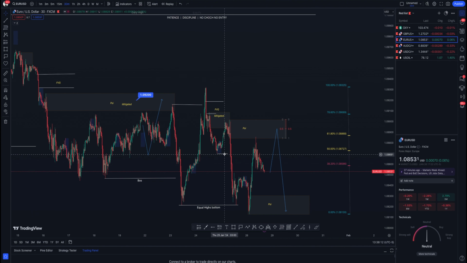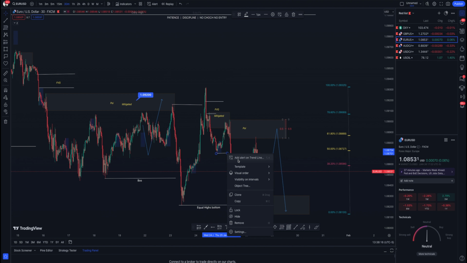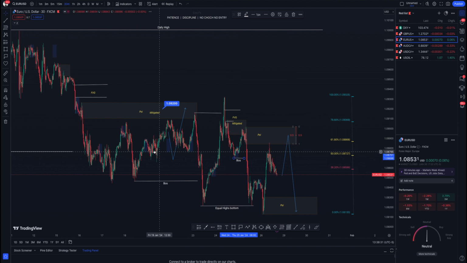So equal low, bottom. Yeah, that's it. Sometimes I'm not good at drawing these lines, but you can put a magnet on there. But what the magnet does, it just goes up and down, and that is sometimes bothering. So this has been mitigated, and yeah, this high probably needs to be taken out.